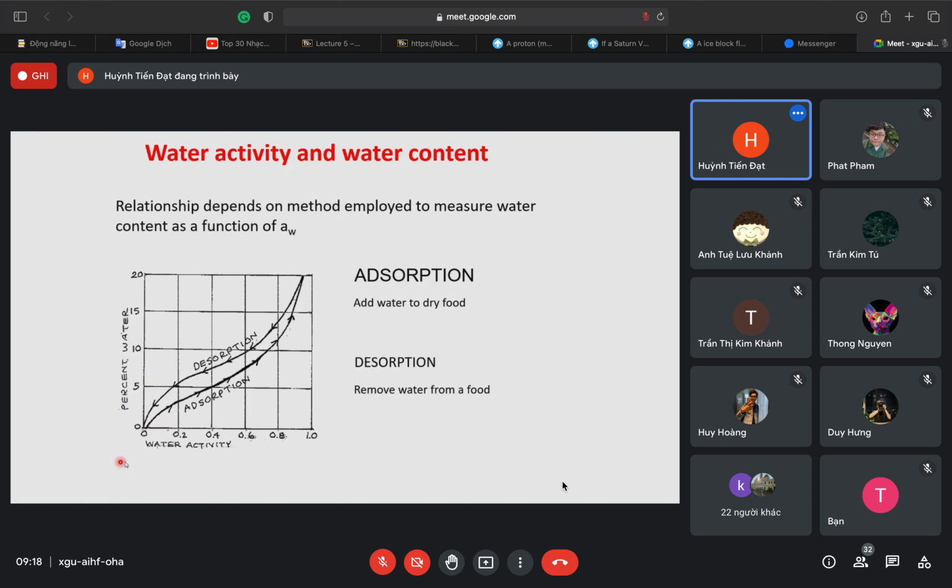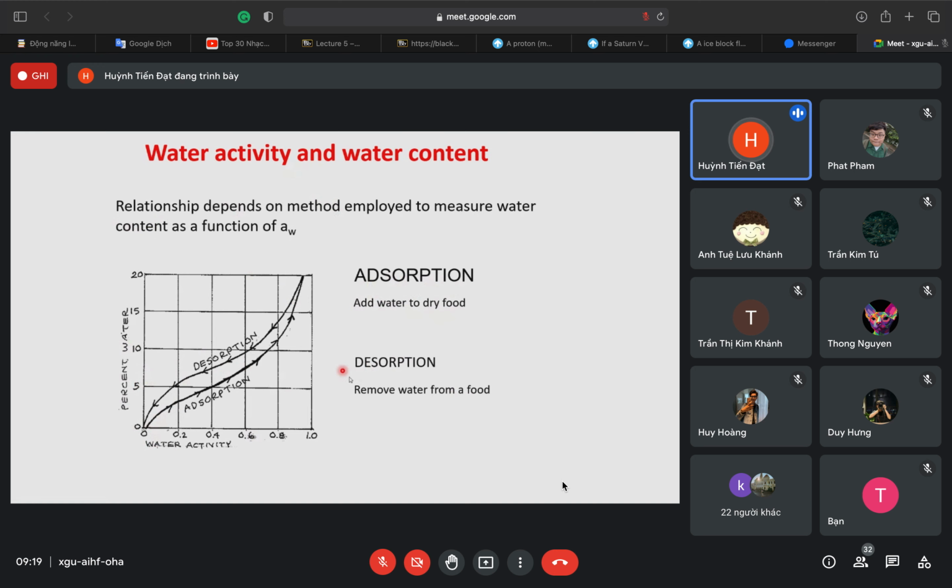Example here: if you have a food that is very dry, with low water activity, and you put it in the environment, it can absorb water. It means water is added to the dry food.